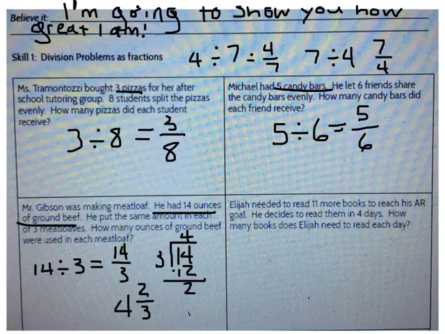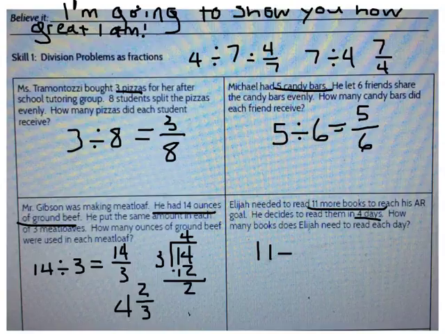We'll do one more together. Elijah needed to read 11 more books to reach his AR goal. He decides to read them in 4 days. How many books does Elijah need to read each day? What's being split up here? 11 books are being split across 4 days. So what's our division sentence?